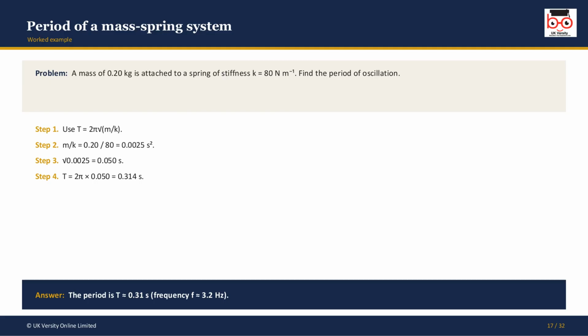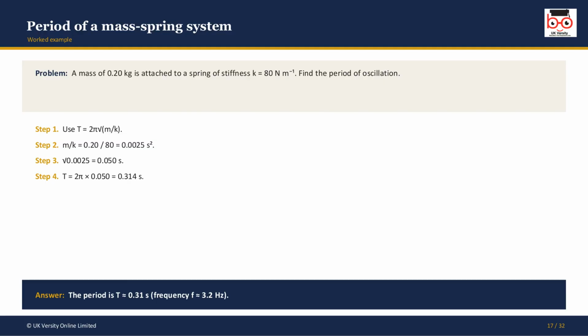Let's calculate one. A mass of 0.20 kilograms is attached to a spring of stiffness 80 newtons per meter, and we want the period. Using the period equals 2 pi times the square root of m over k. First work out m over k, 0.20 divided by 80, which is 0.0025 square seconds.